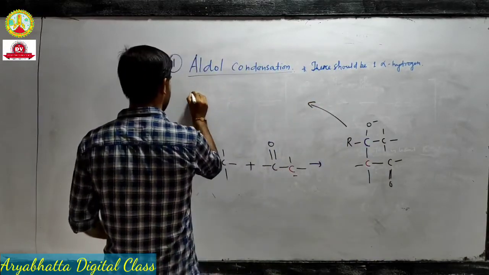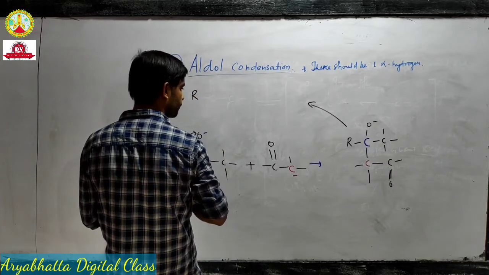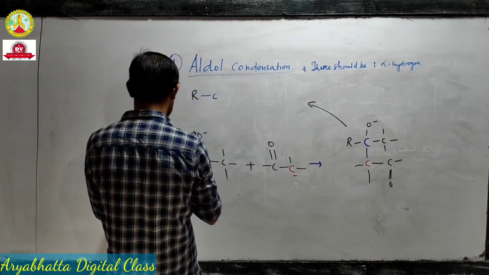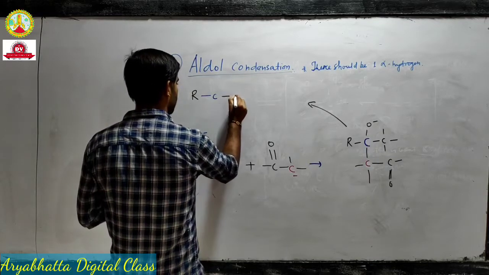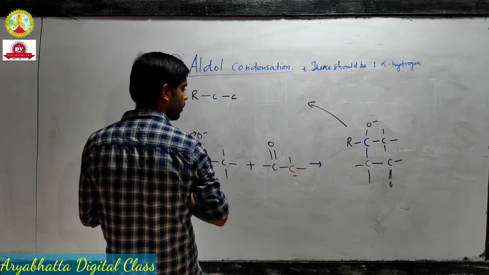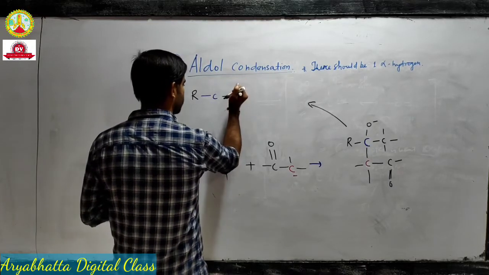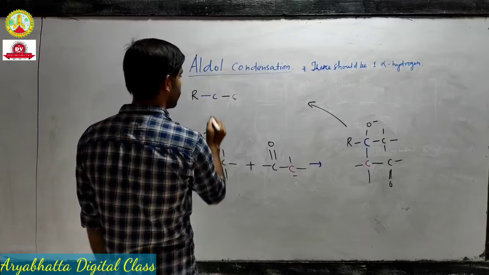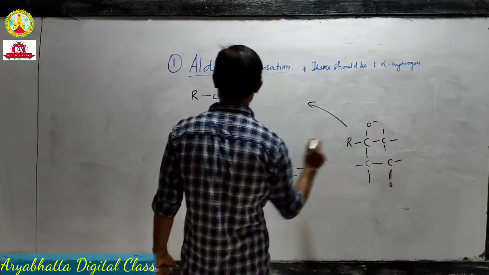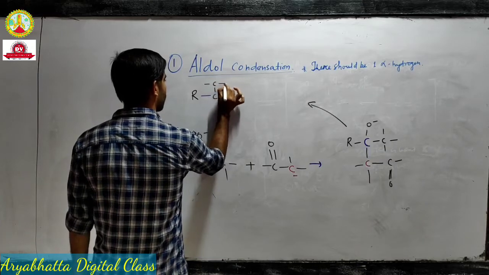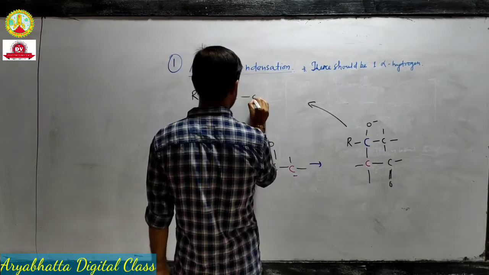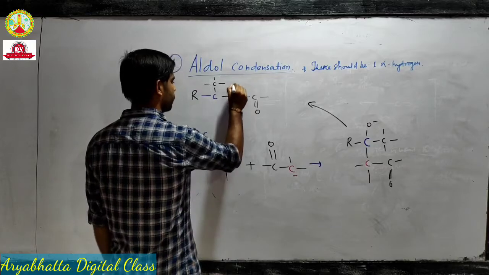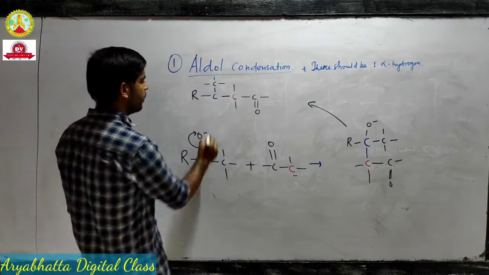I have R, then I have the C. On this side there is a carbon, and after red there is a carbon like this, and it has 4 bonds.